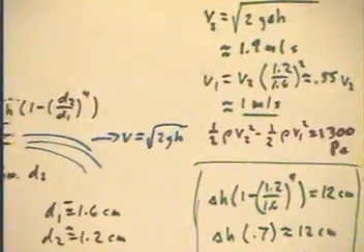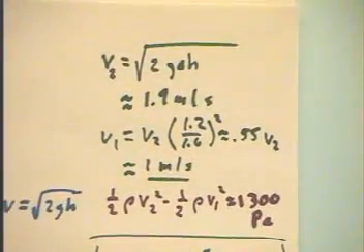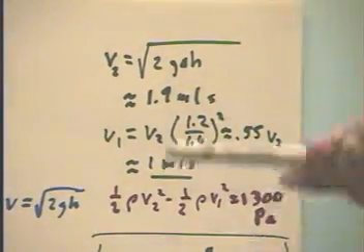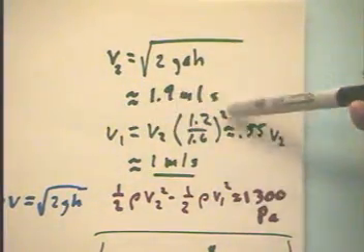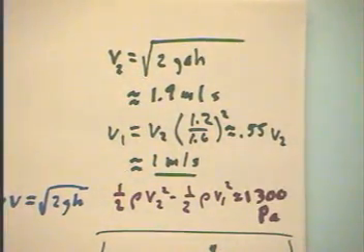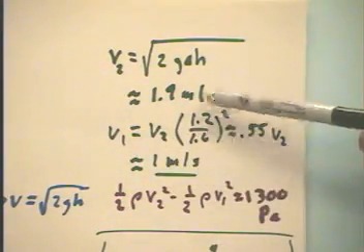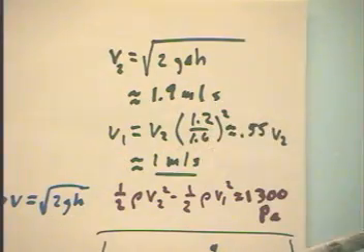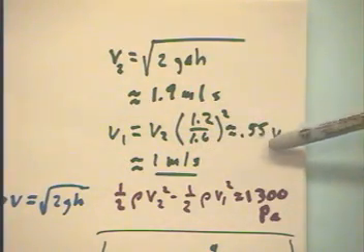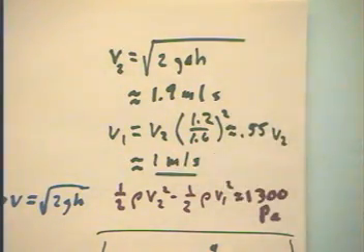Using exit velocity of the square root of 2g delta h, we get about 1.9 meters per second. V1 will be then that exit velocity times the square of the ratio of the diameters, and that'll be about 0.55 of V2, or about 1 meter per second.